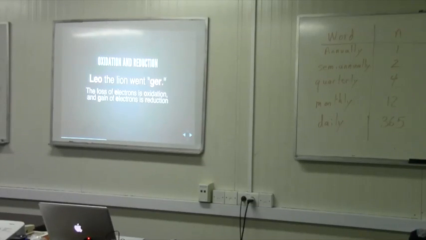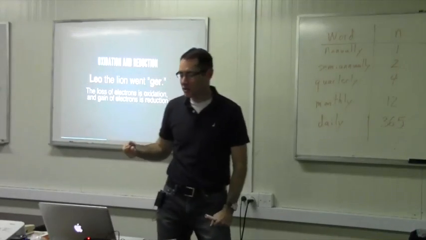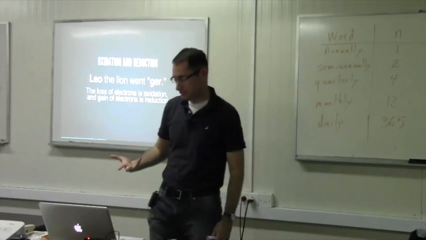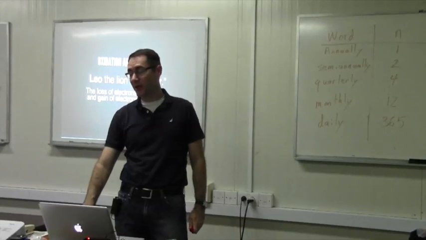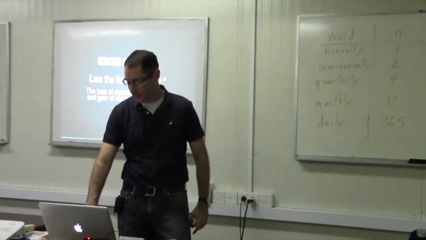I'll leave this up here. So now we'll be able to say, if you lose electrons, you're going to be oxidized. If you are gaining electrons, you're going to be reduced. That's oxidation and reduction. And by the way, we call these types of equations redox equations, for reduction oxidation.